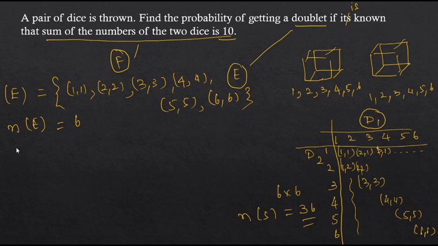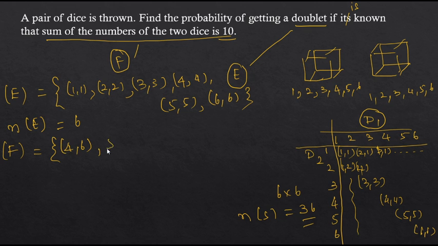And what about F? F is that the sum of the dice is 10. So you can have 1 plus 2, no chance. 2 plus 3, no chance. You can go ahead and have 4 comma 6, that is 10.